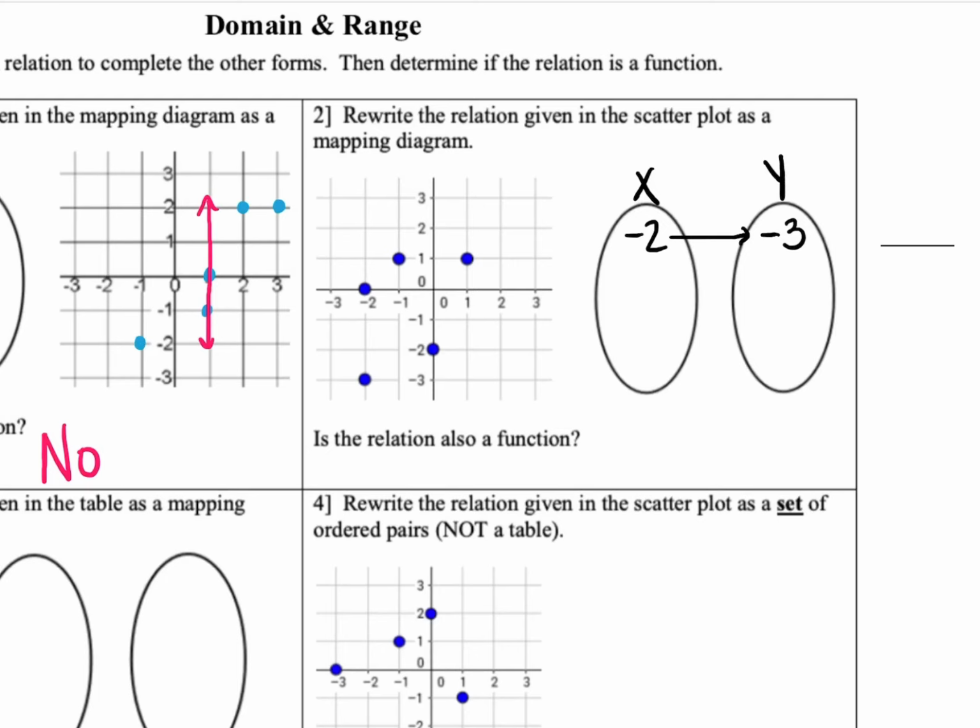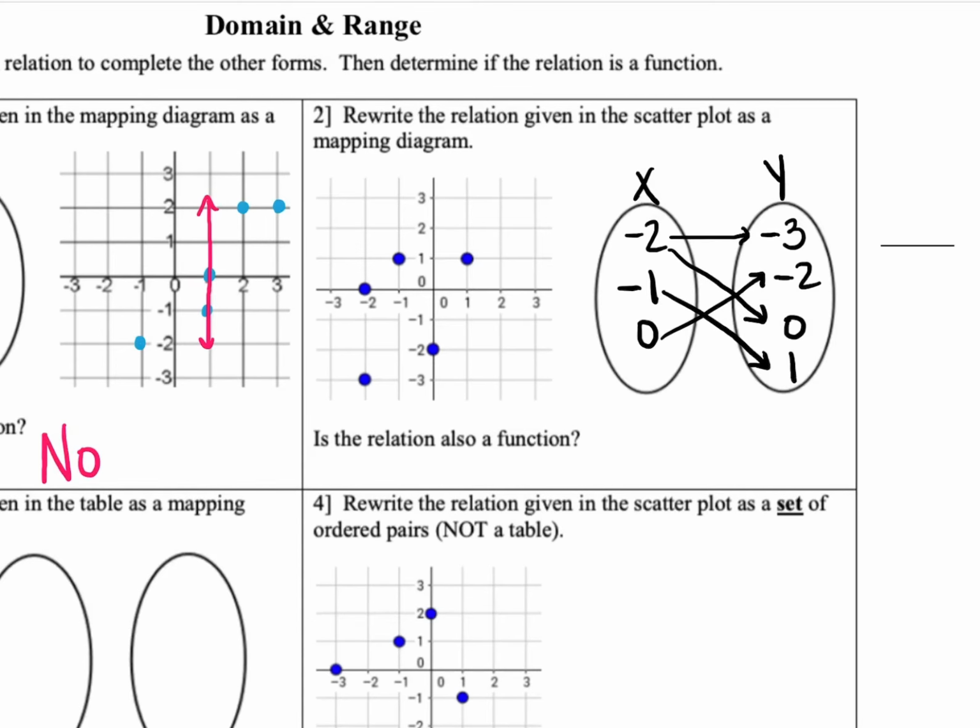Our -2 goes to a y coordinate of 0 as well. We have an x coordinate of -1 goes to a y coordinate of +1. We have an x coordinate of 0 goes to a y coordinate of -2.